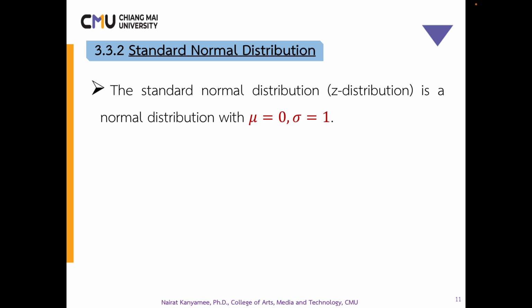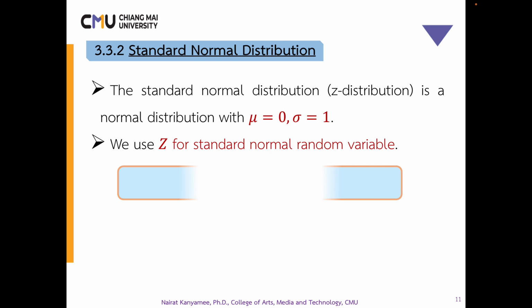The standard normal distribution, or Z distribution, is a normal distribution with special values for the mean and standard deviation. If your mean is 0 and sigma is 1, then we call it the standard normal distribution, and we use Z instead of X.